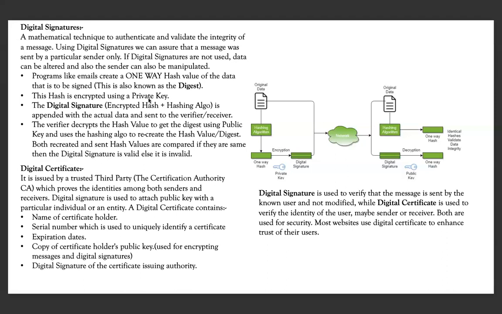So if it was really user A, then user A must have used their own private key. And when I receive a message from this real user A, I will use user A's public key, in which case the private and public key pairs will match and the data will be decrypted. Now, when the data is decrypted, what will I get?